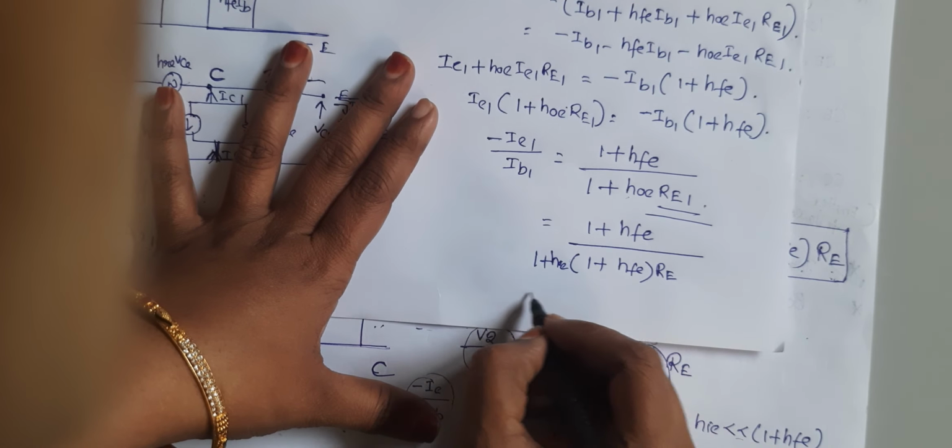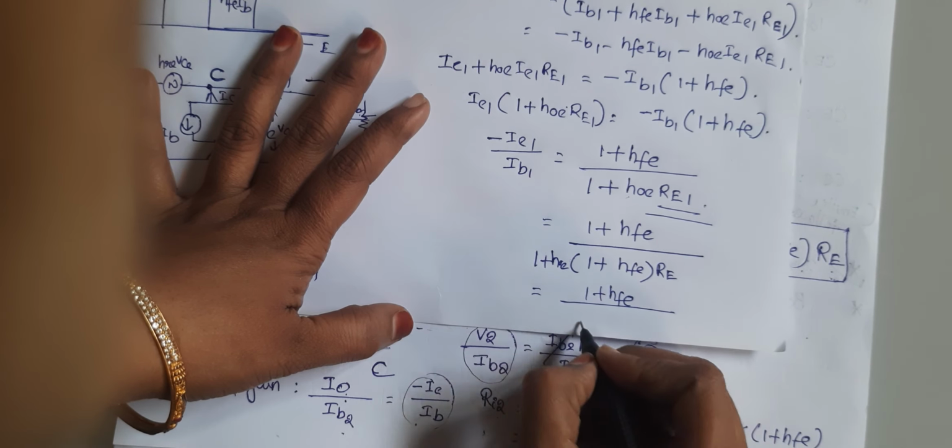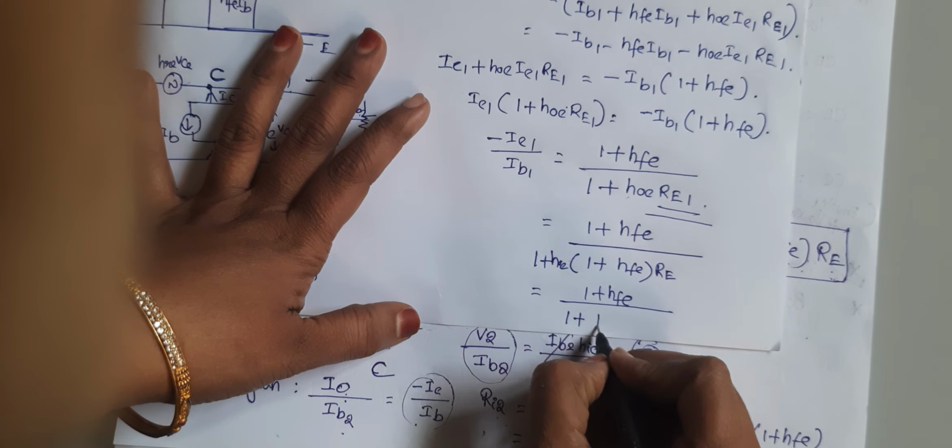So AI1 is equal to 1 plus HFE by 1 plus HOE RE1.